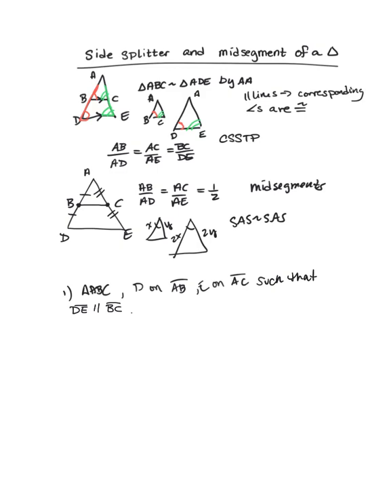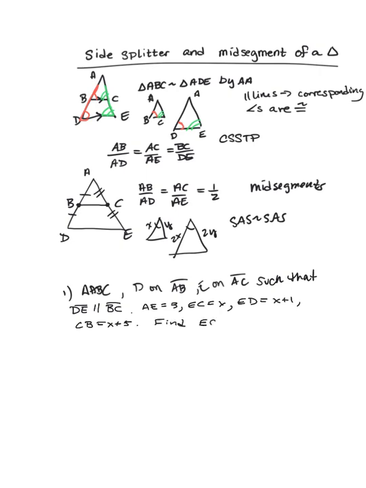Now, AE has a length of 3. EC, we're going to call that x. ED, we're going to call that x plus 1. And then we have CB, which we're going to call x plus 5. And we're going to find EC.